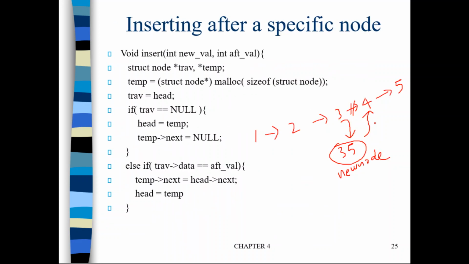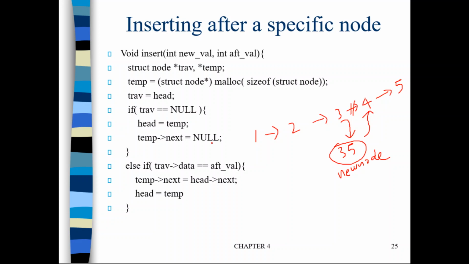But the user is trying to insert a new node in an empty list. In that case, how will we check that? You have to check whether head is equal to null. If head is null, then it means that the list is empty. Then you just have to make head point to the new node, and the new node's next will be null. So that is case 1, right?